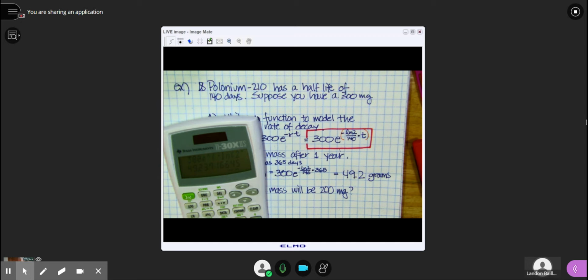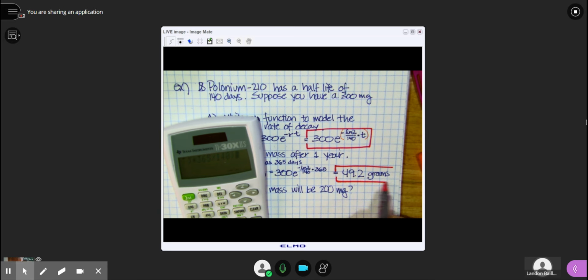That doesn't seem right. Did I forget to close my parentheses? No? Okay. 49.2. Checked it twice. We're good. Yep. Just checked my answer.